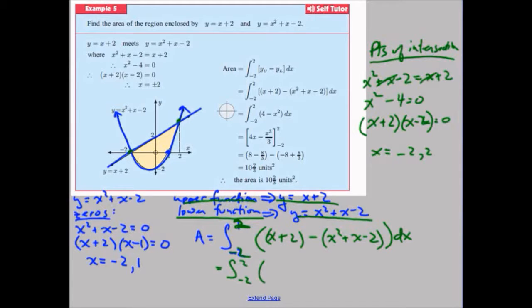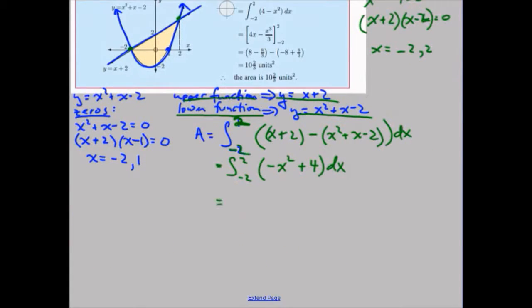Simplify here. Subtract x squared, x subtract x, 2 plus 2 plus 4 dx. So negative x cubed over 3 plus 4x. Negative 2 cubed over 3 plus 4 times 2.